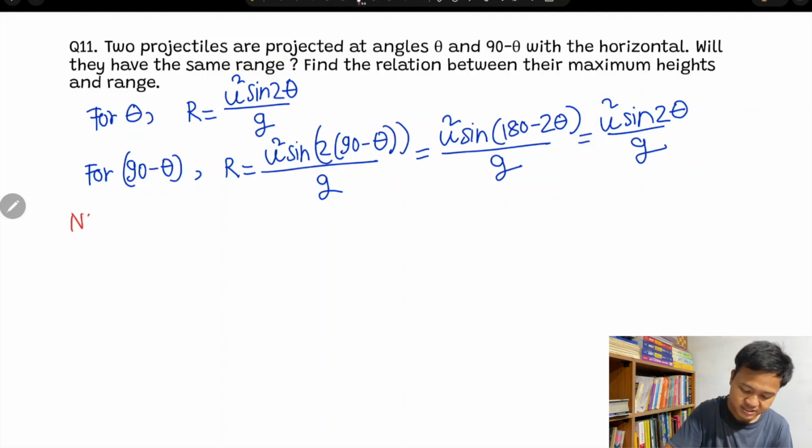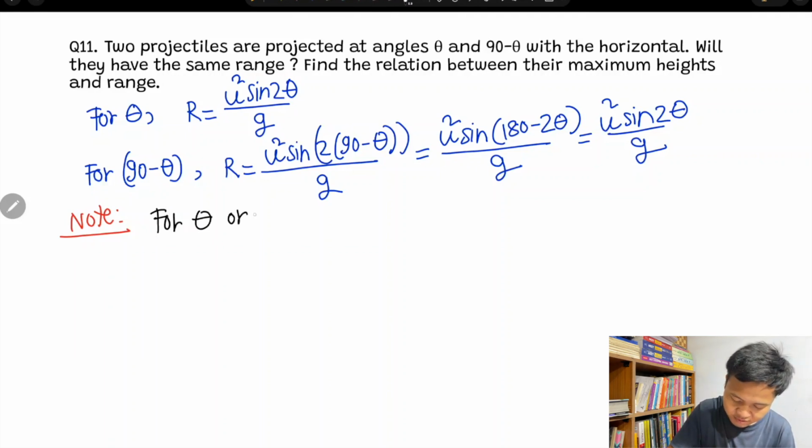So you can write this as a note. What is the note? If a projectile is projected at theta or 90 minus theta, the range will be the same.